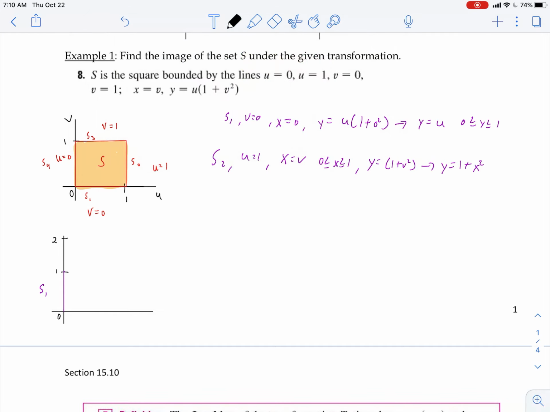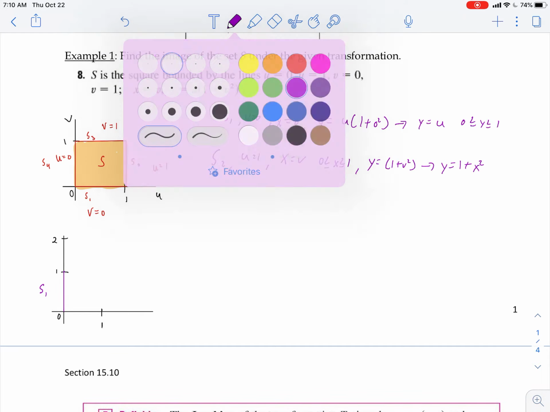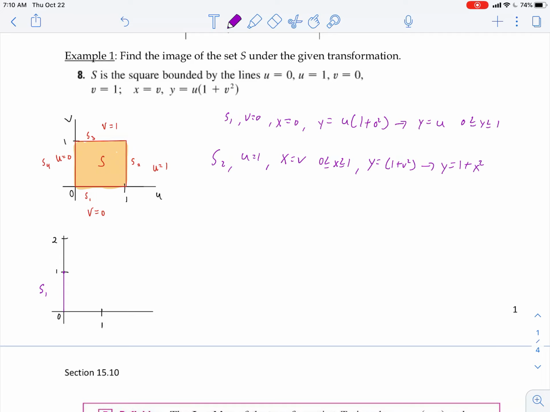And again, we're going from 0 to 1 on the x-axis, so I'm going to extend that to 1. Plugging in our x values, it's going to start at 1, finish at 2, and it's a parabola, so it's going to have that shape. So that's S2.